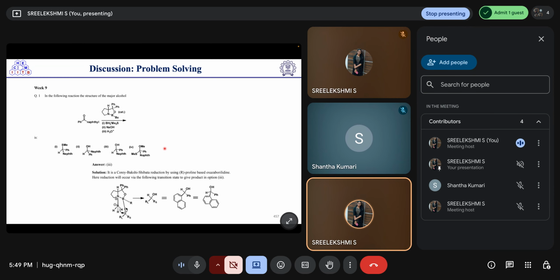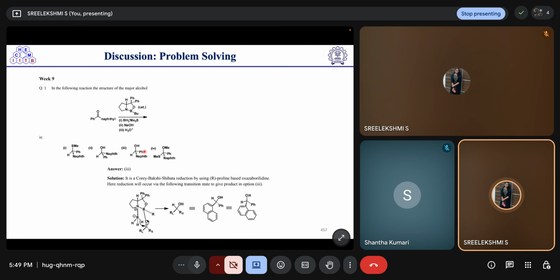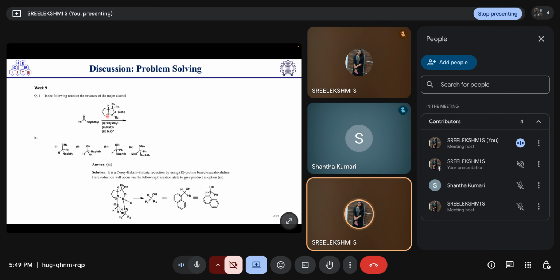So if we see this question, the correct answer would be option 3. And as I said, this is the CBS catalyst. The CBS catalyst will carry out the reduction of this particular ketone enantioselectively. So this is R-proline based oxazaborolidine, which is a CBS catalyst. Here this particular catalyst will react with this BH3 to form this intermediate, and then this boron will coordinate with this ketone to form this particular compound.